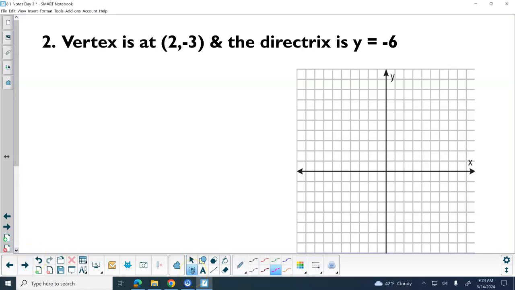Spot check, yeah? So we've got a vertex at 2 comma -3. So that would be down there. Okay. We've got a directrix at y equals -6. So that would be there.